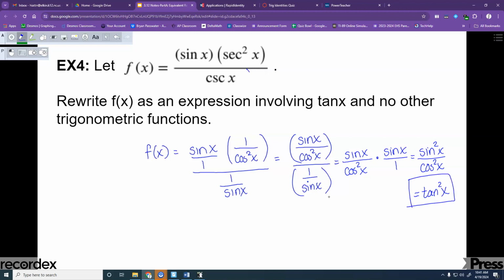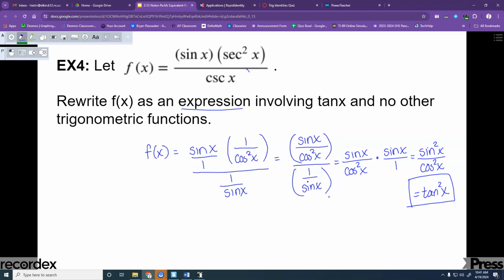You can leave the square. Yeah. So when it says an expression involving tangent, it does not mean the answer will be just tangent. It means that you won't have any other trig function. So it could be something like tangent squared minus 1, or 1 minus tangent.